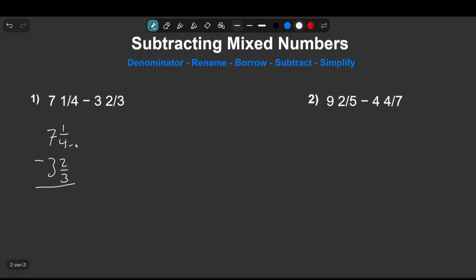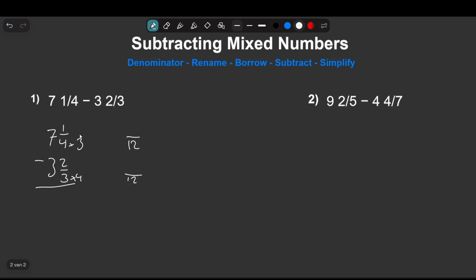So we're going to multiply 4 by 3 and multiply 3 by 4, like this. So 4 times 3 equals 12, and 3 times 4 equals 12. Now we have to do the same at the numerators, of course.